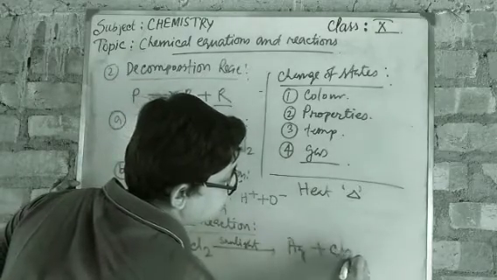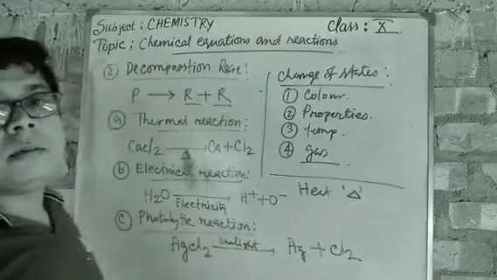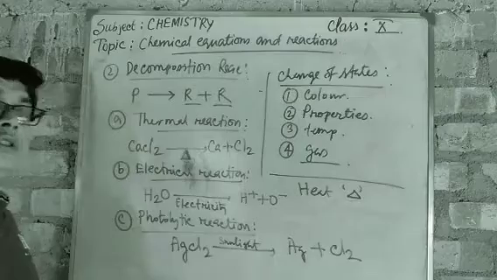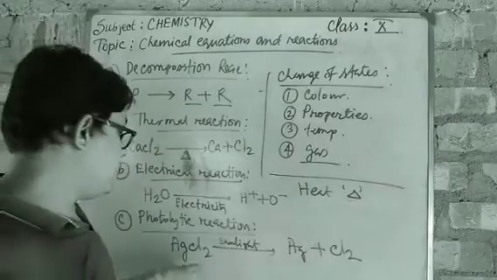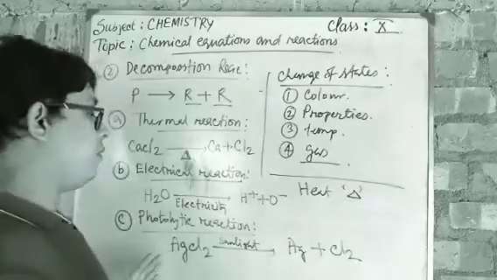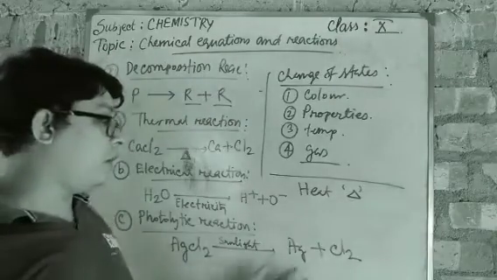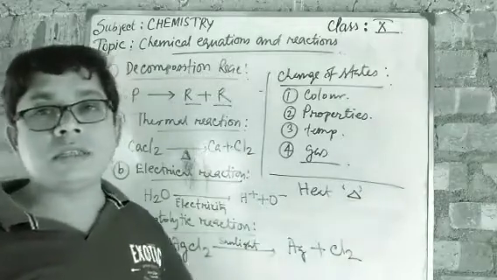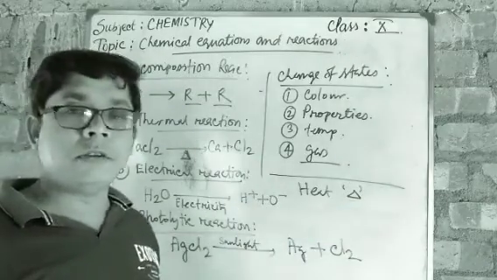Ag plus Cl2. In the same way, AgCl2 will decompose itself and make Ag and Cl2, where Ag forms as silver, and the Cl2 will be the byproduct of it.